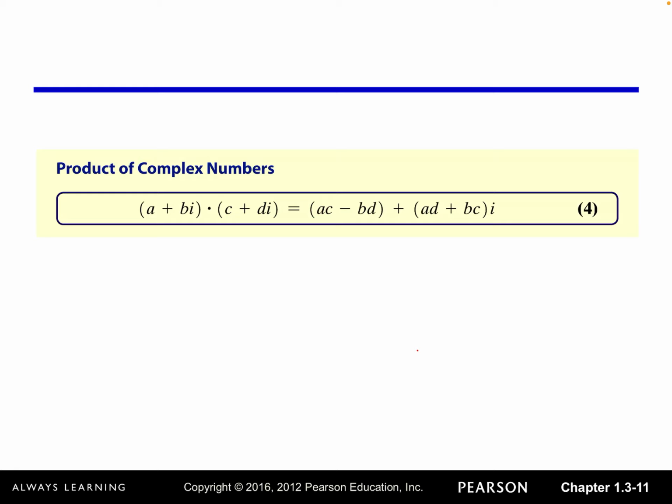So the product of complex number, actually the book put as a theorem. You can just memorize this formula, and then you don't have to do the FOIL anymore. But personally, if I would do this kind of problem, I cannot memorize this complex formula. So that's why I'm still going to do the FOIL, because that's not that much difficult, right?